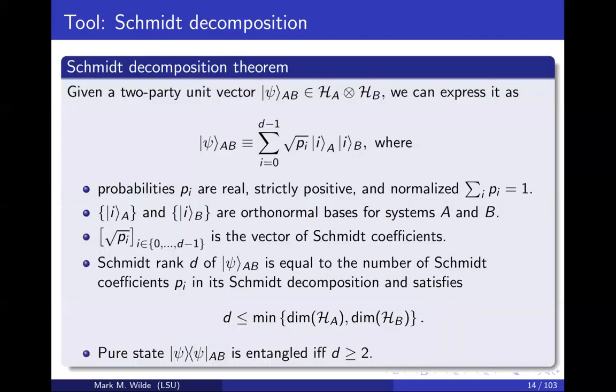So I'm not going to show you how to prove this. That's another thing you can look up in the book. And the proof is based on the singular value decomposition, which is like the pinnacle theorem in a course on linear algebra.